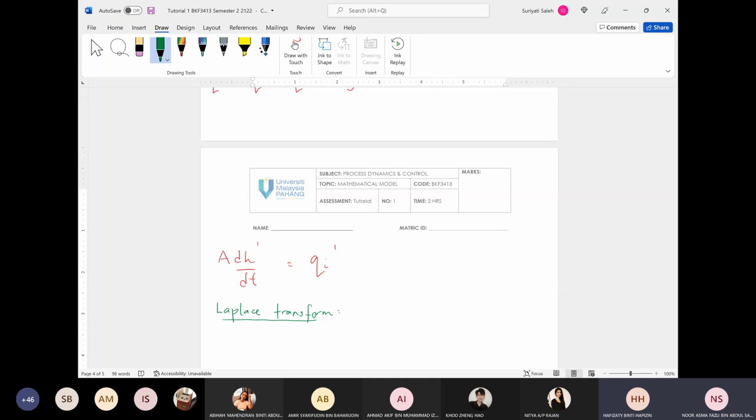In the Laplace transform, if you have the textbook, you can refer. In my case, I use the third edition. In the third edition, you refer to the Laplace transform in the appendix.